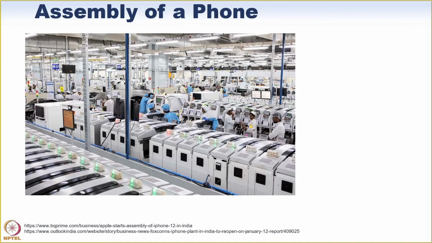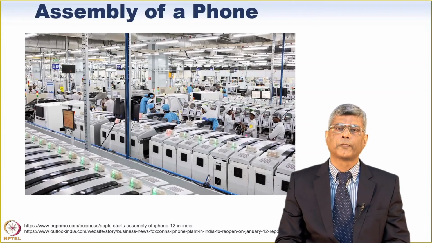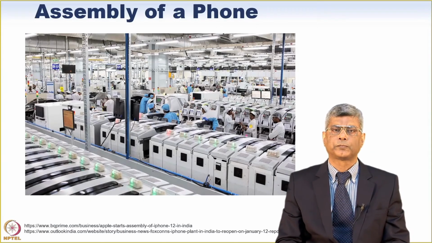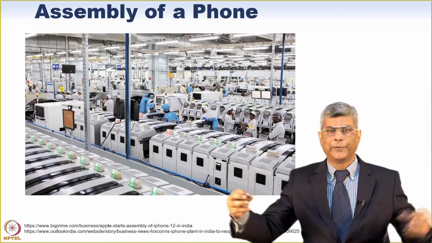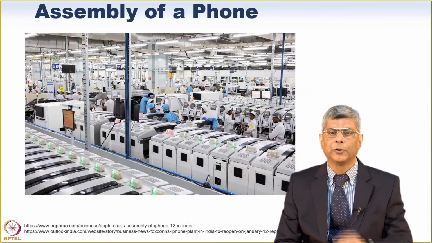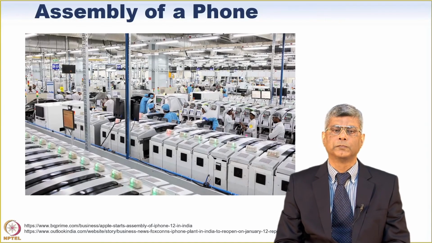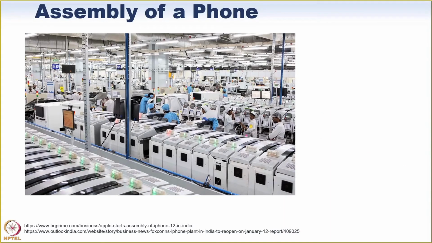Remember, this phone has very small parts, and they have to be either welded or screwed, or plastic tightly fitted to each other. And on the assembly line, you have to fit in the parts from the sides. So this is what it will look like. It is dust-free. It will be pollution-free. And the workers are assembling the phone till you get the phone in your hand.